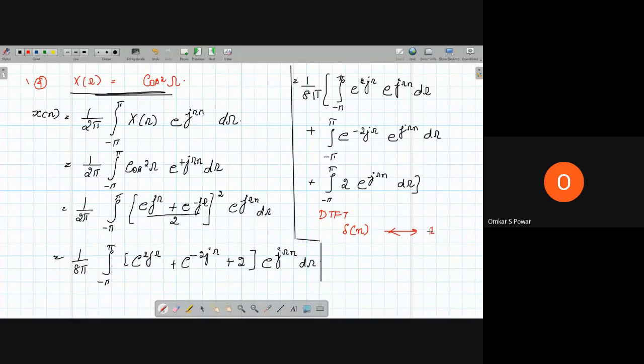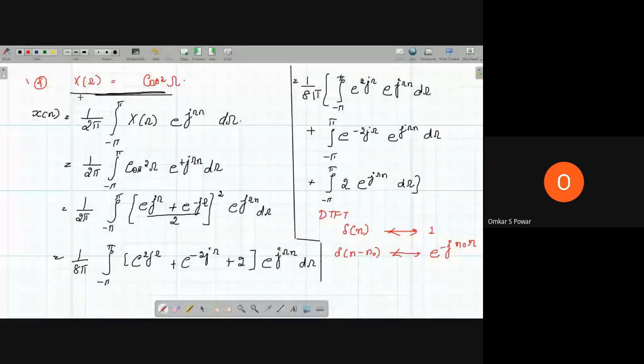Now the DTFT of delta of n minus n naught is e power minus j n naught into omega. Using this property, we can get the IDTFT, the time domain signal, easily.